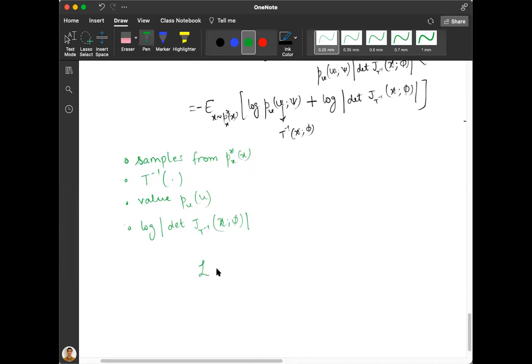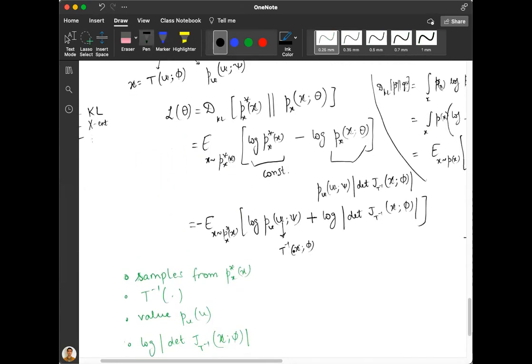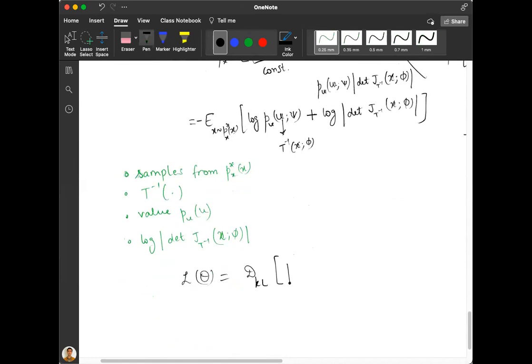Let me take the black pen. So let's take L(theta) equal to the KL divergence between P_X(x; theta) and P star X(x).